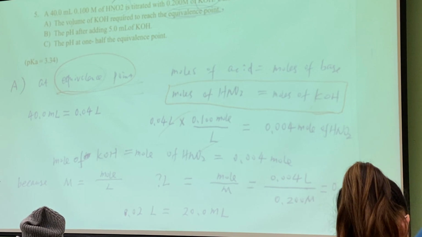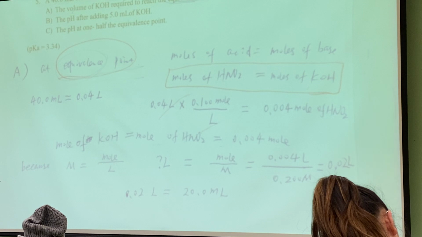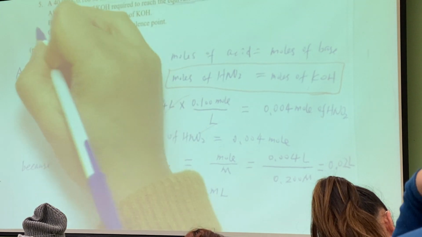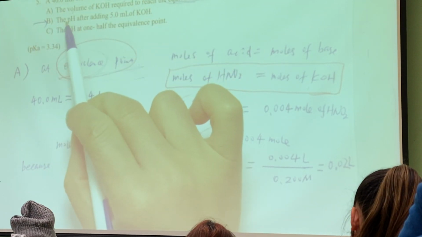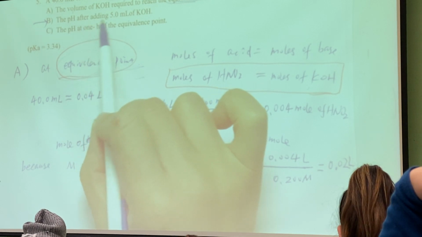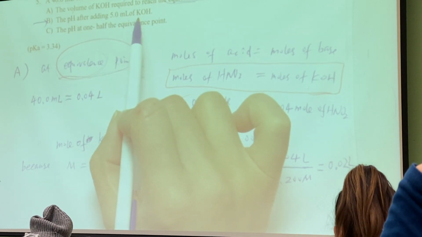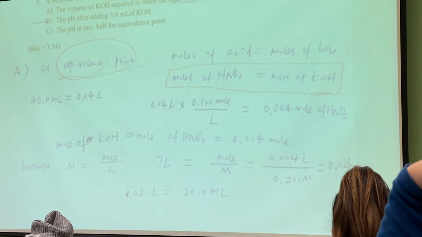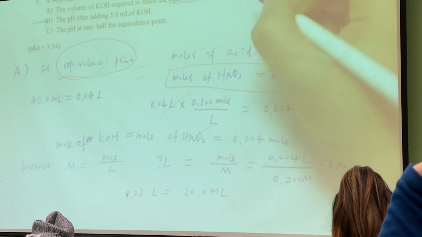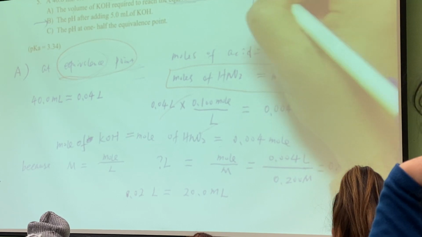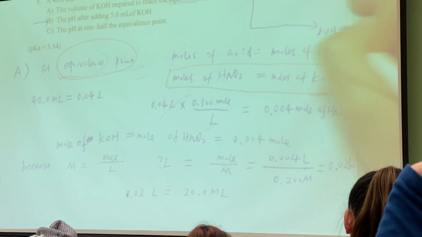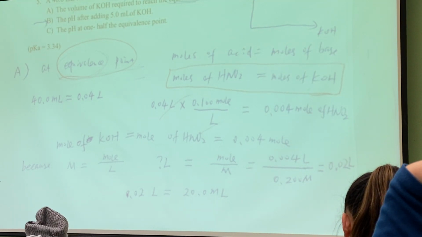Now let's say B. B is asking you the pH after adding 50 milliliter of potassium hydroxide. So you're doing titration, right? When you do titration, the potassium hydroxide is not immediately added.